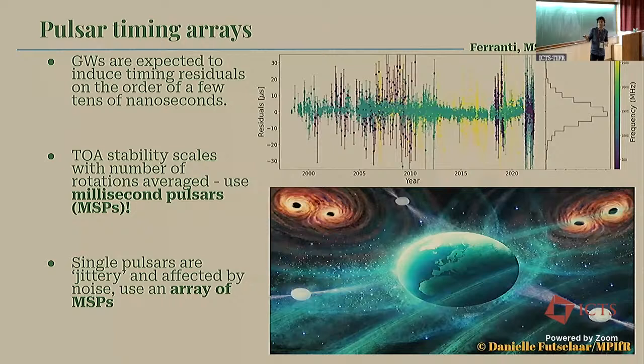very, very precisely. And the reason we don't want to use each individual pulse is basically because we are interested in an experiment which lasts 20 years, 30 years, 50 years. And as I said, pulsars are rotating. Pulsars can rotate up to several hundred times a second.